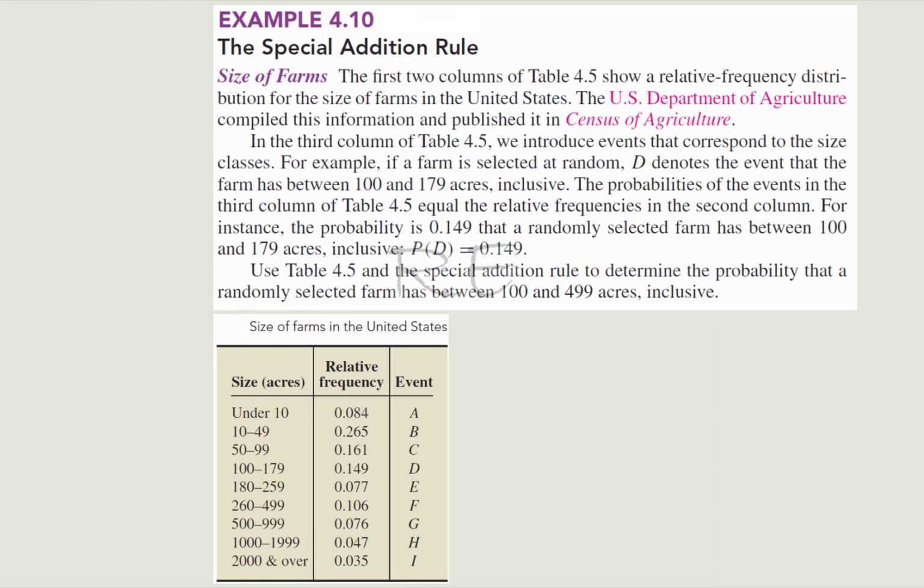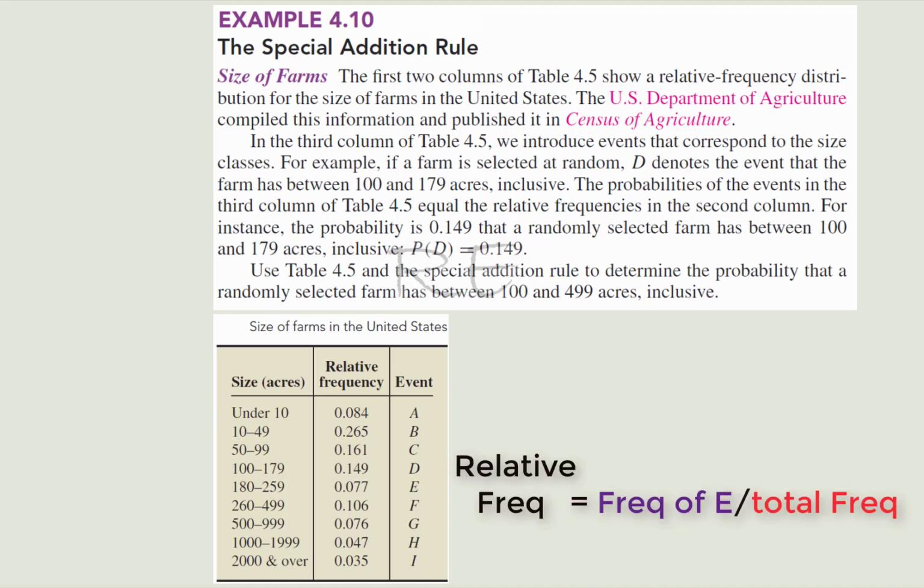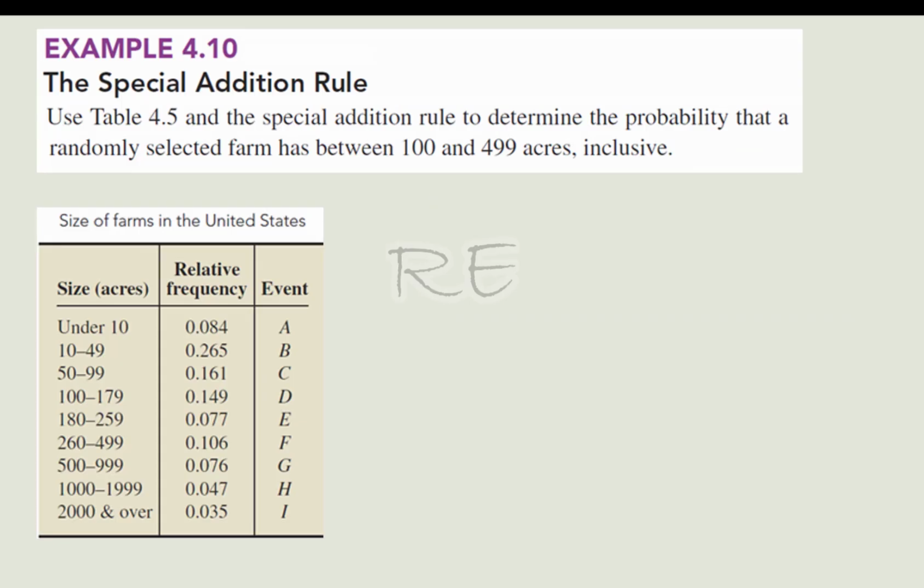The special addition rule can be applied to solve this problem. Remember, you have a relative frequency. By definition, the relative frequency is a percent because it's the frequency divided by the number of data values.